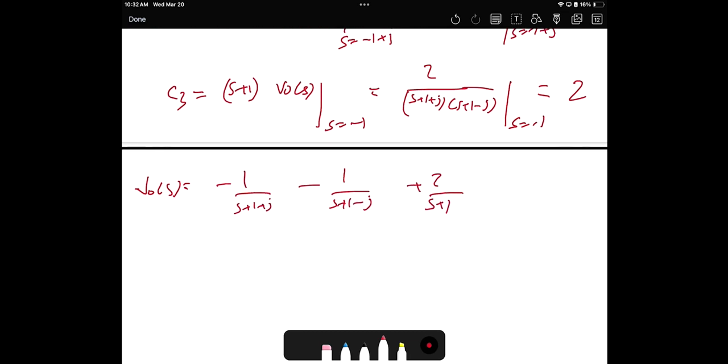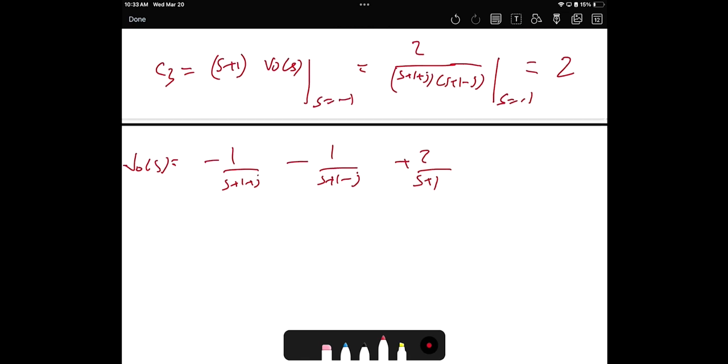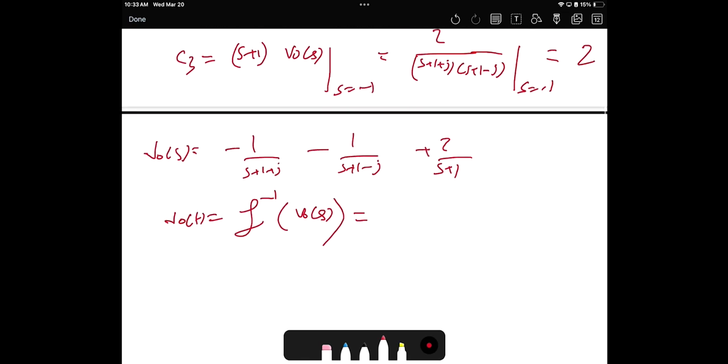Then, to calculate VO of T, it will be the Laplace inverse of VO of S, which is the Laplace inverse of this expression. It is going to be negative e to the power of negative 1 minus J, times T, U of T, minus e to the power of negative 1 plus J, times T, U of T. Then what else?